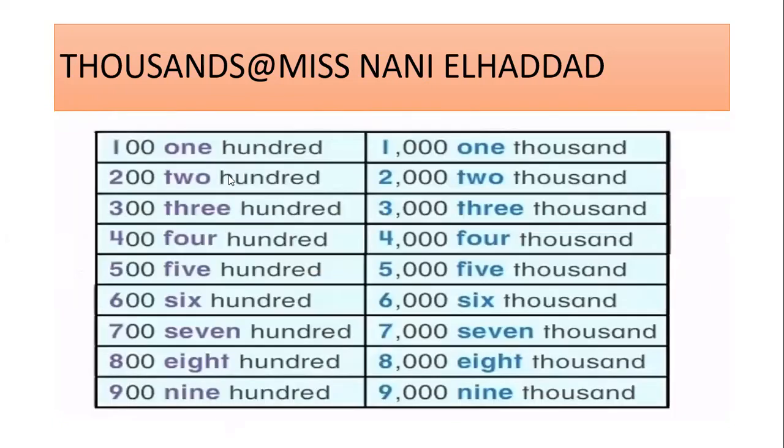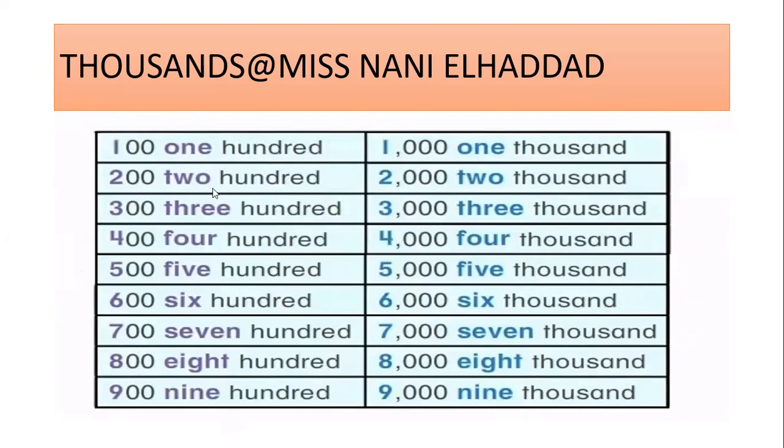Here, this is the number in the word form and in the standard form. So 100 is written 100. See, 2 zeros is 100. 3 zeros is 1000.